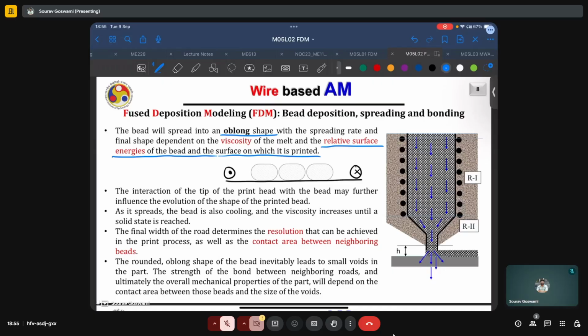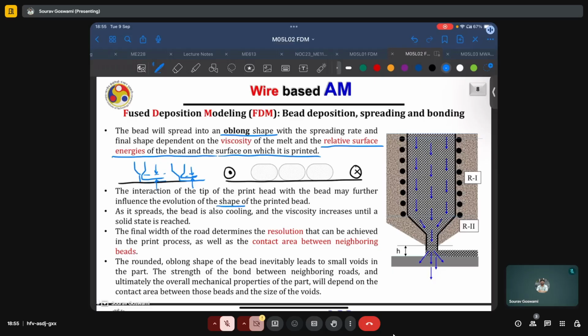The interaction of the tip of the print head with the bead may further influence the evolution of the shape of the printed bead, which is to say whether we have some standoff distance between the deposited bead, or whether this head is, say, very close to the top layer of the deposited bead, will have an effect on the shape of the printed bead.